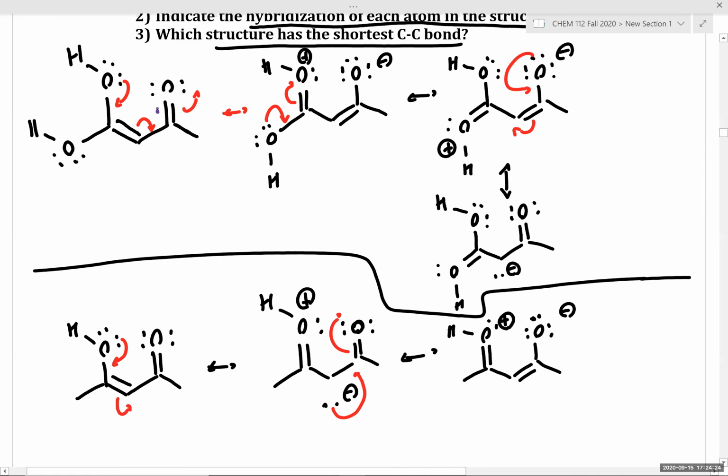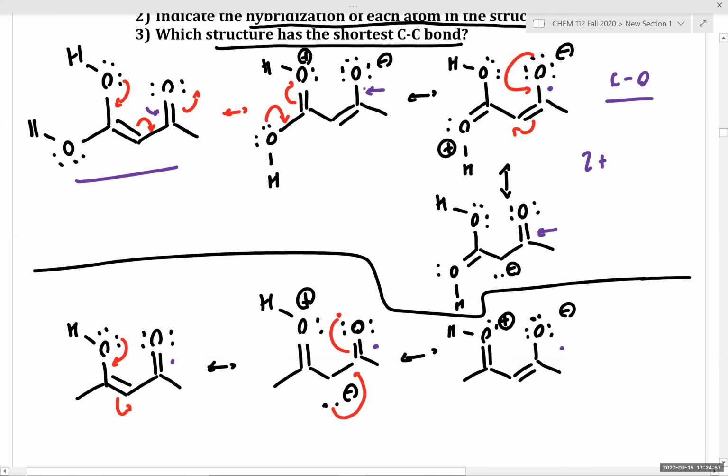So if we're studying this carbon-oxygen bond right here, let's look at the bond order for the carbon-oxygen bond. In this first structure, what is the carbon-oxygen bond order? In this first structure on the left, this one right here. 2, okay, so we have 2.